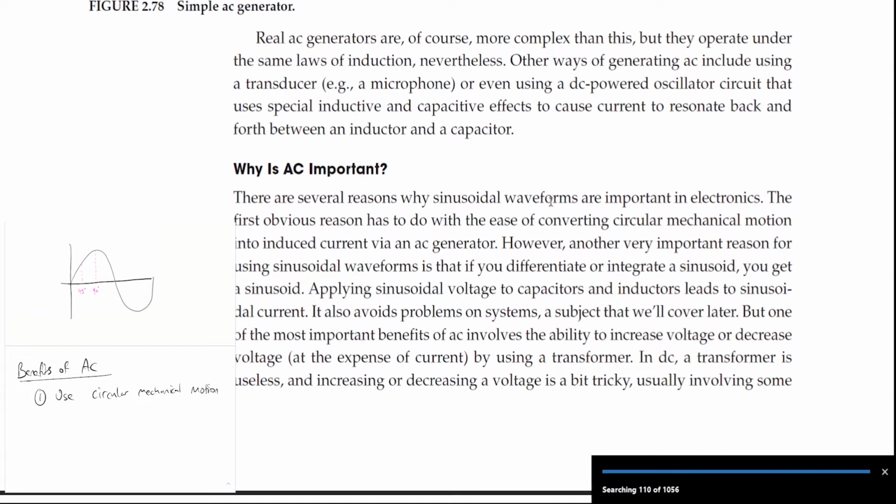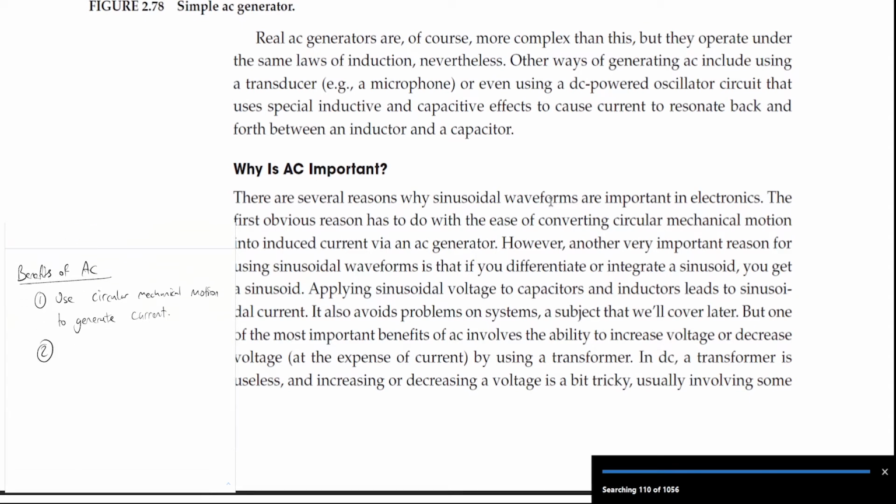I assume. They convert circular mechanical motion into induced current. Oh no, converting. Use circular mechanical motion to generate electricity, generate current.